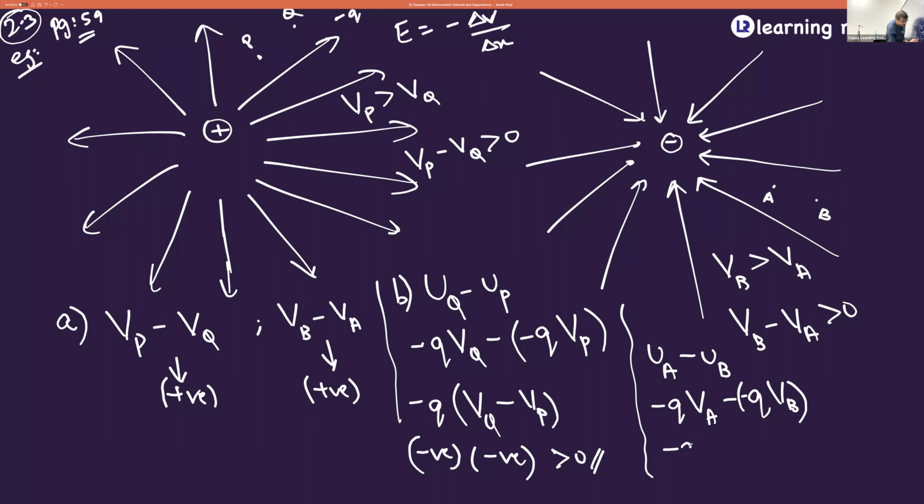If I take out the minus q outside, then VA minus VB. But VB minus VA is positive, so VA minus VB will be negative. A negative multiplied with another negative is going to give you positive. That's it. So in both the scenarios, you will get a positive value.